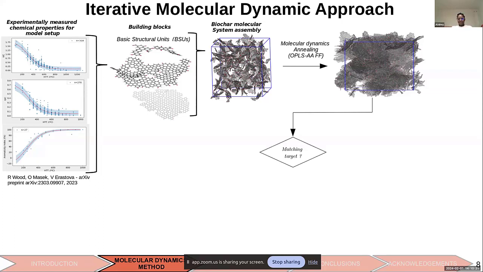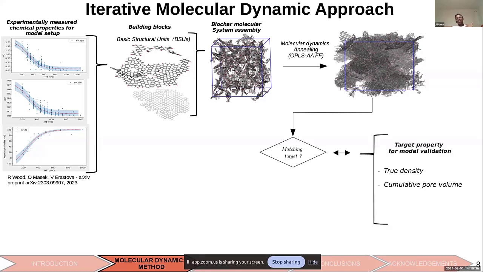After we get this, we try to match the target properties we're looking for. We're looking at the true density and the pore volume. What's the pore volume of the models we've had? If this matches, then we proceed. Okay, we've had a good representation of what we want.